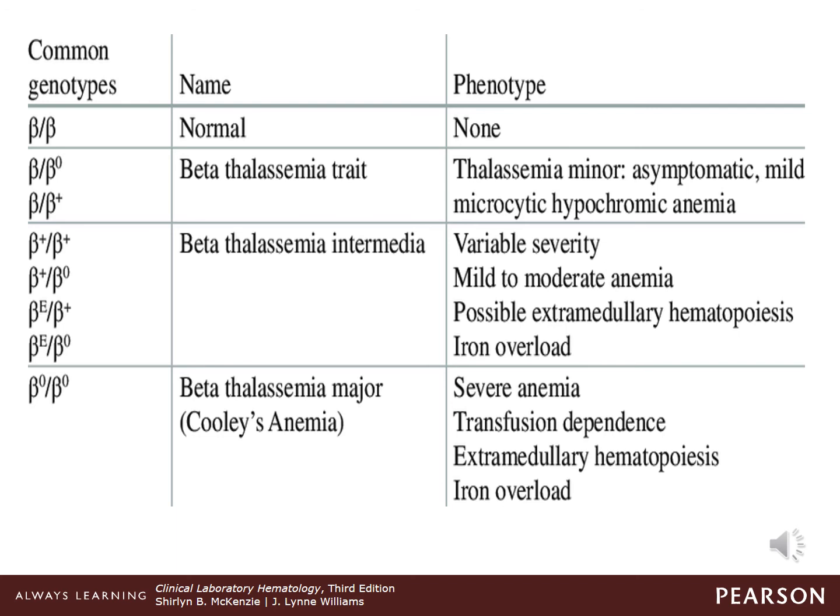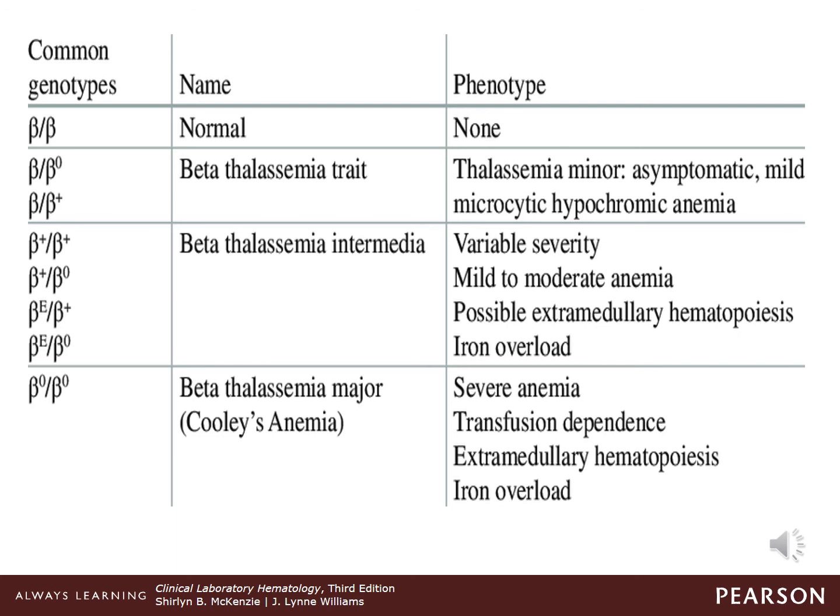Now let's talk about beta thalassemia. Here we know that there are two beta globin genes located on chromosome 11, one from mom, one from dad. So the deletions are a little bit different, and the genotyping and phenotyping is a little bit different than alpha thalassemia, because a lot of the times the mutations here are non-deletional, so there could be a partial block in the beta chain synthesis.